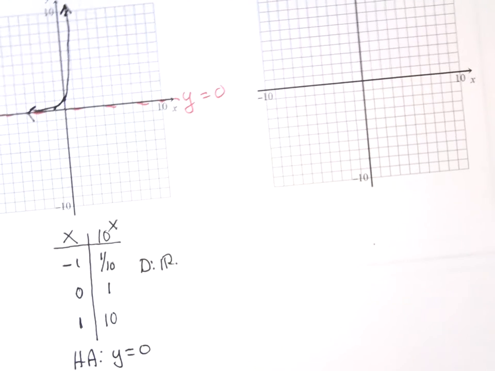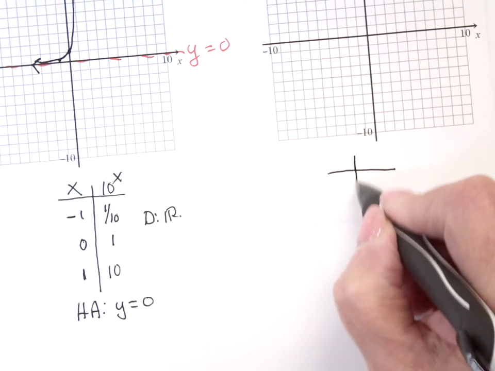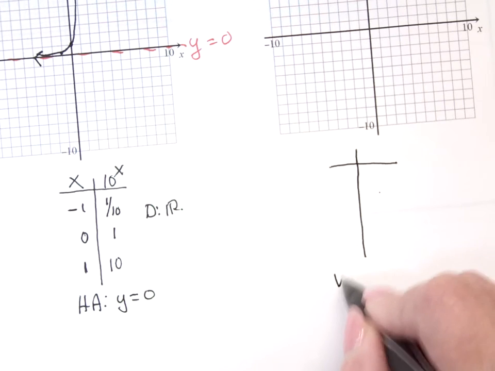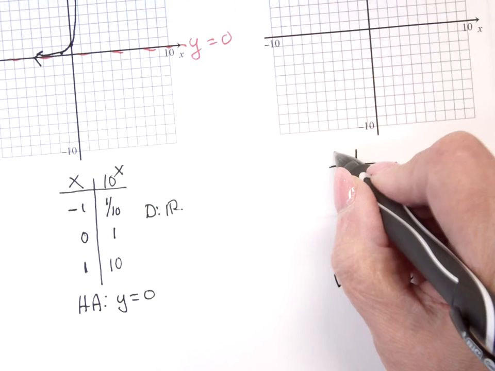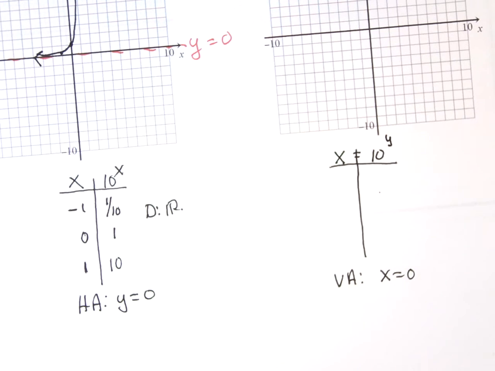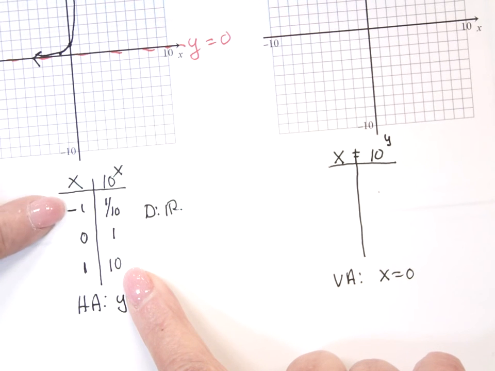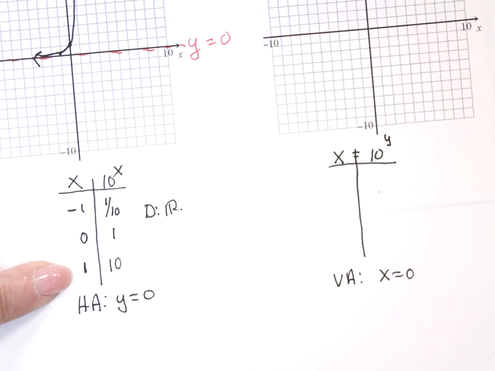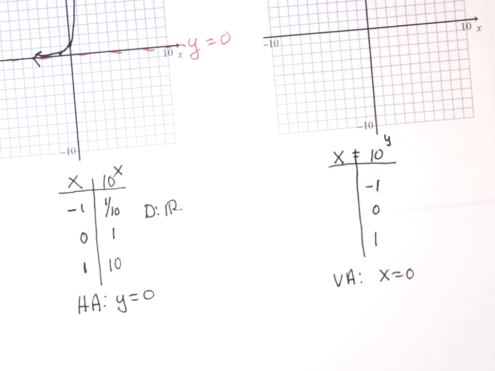So if I think about how this is going to work in terms of the graph, in terms of my T-bar chart, he has a VA at x equals 0. It's x equals 10 to the y power. Now, what do we say we needed to do? We need to flip x and y. Now, instead of putting in -1, 0, and 1 for x, I'm going to put -1, 0, and 1 in for y.